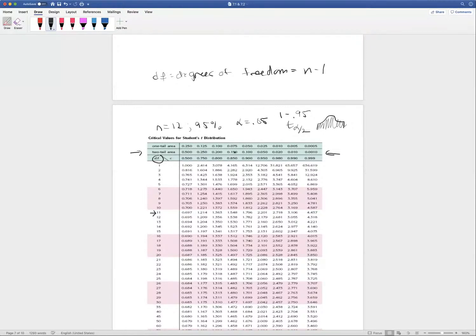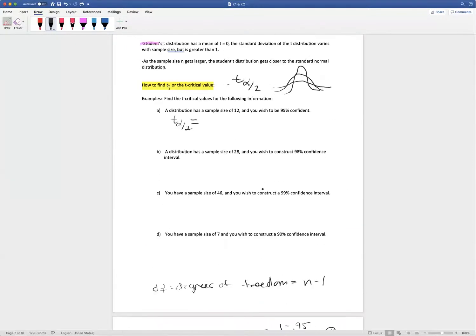We go to where it says two-tailed area, and we have 0.05, which is here. We figure out where these two values meet, an alpha level of 5% and a sample size of 12, which means 11 degrees of freedom, and it's right over here, 2.201. So our T alpha over 2 is 2.201.